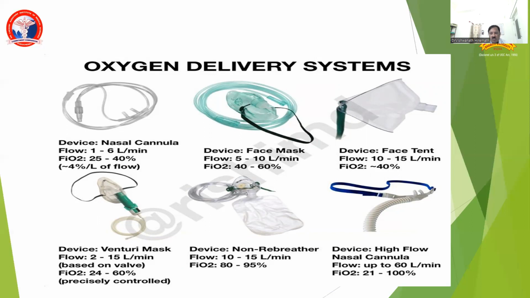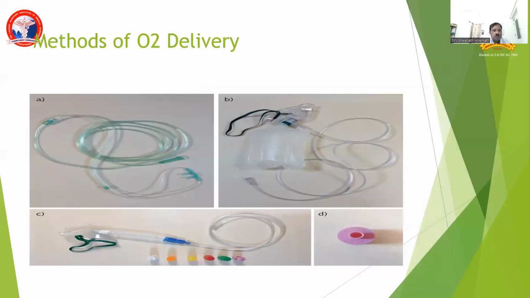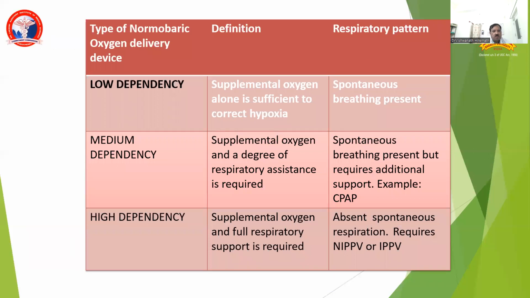It is a specialized way of providing oxygen supplementation with heated and humidified oxygen in order to achieve almost 100% FiO2. But the flow rate of this oxygen should be about 60 liters per minute. So again, this shows the different devices through which we can provide oxygen supplementation.